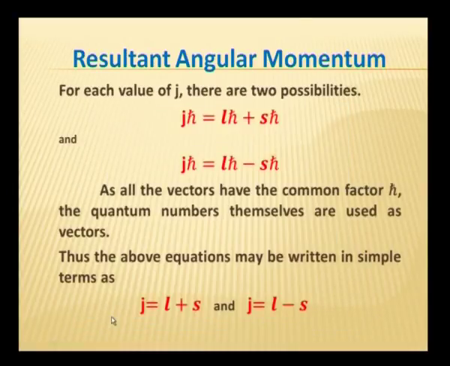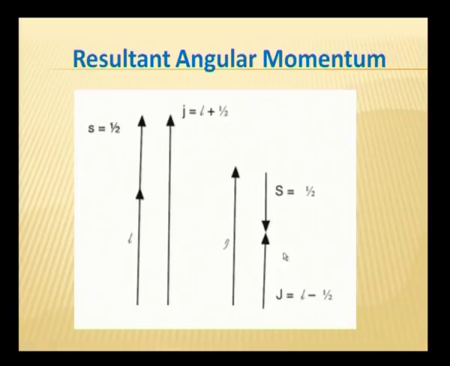As I showed earlier, J is equal to either L plus S or L minus S depending upon the spin orientation. I show here the spin orientation in this direction, and here in the opposite direction. So the resultant in this case is L plus S, in this case it is L minus S. That is the resultant angular momentum.